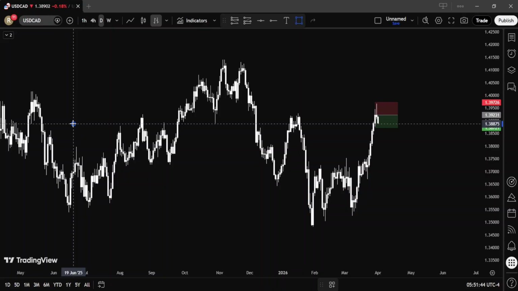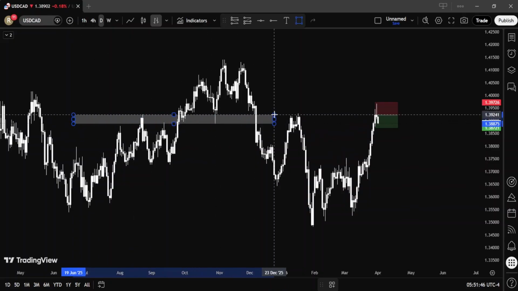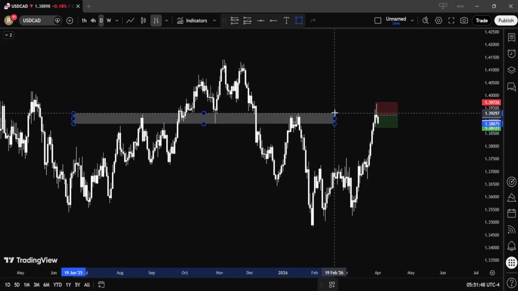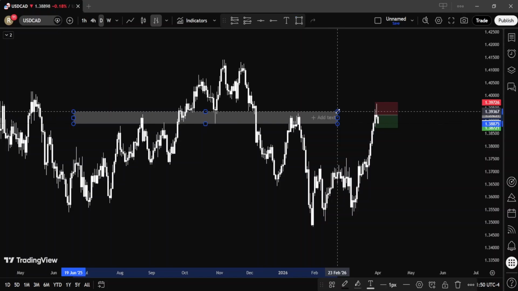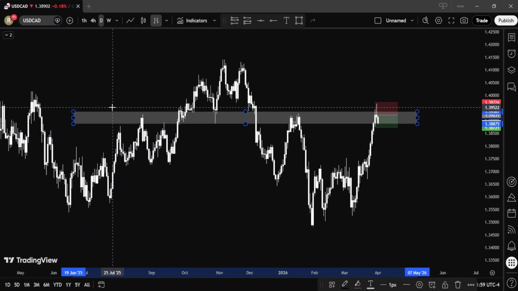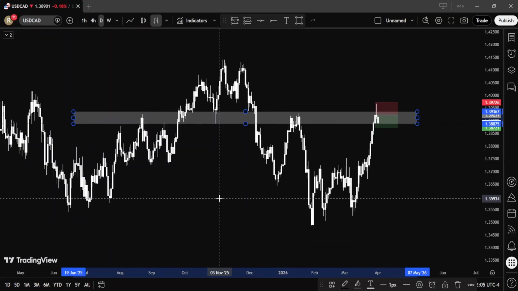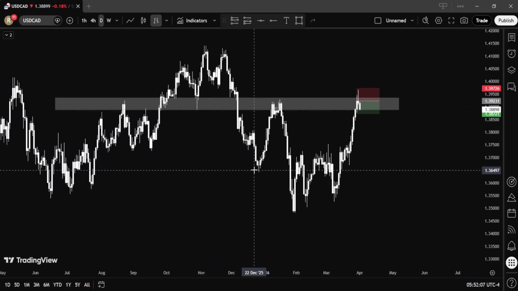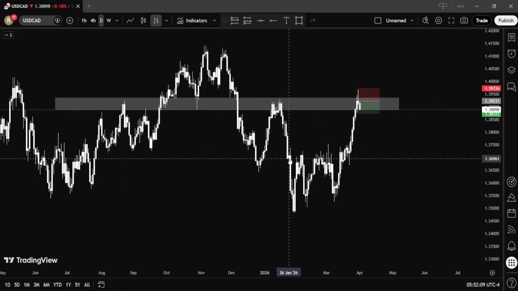So basically, if I were to just draw a box or a zone here, and this doesn't work like on the smaller time frames, like 15 minutes. It doesn't hold as strong as the daily zones, which hold stronger, especially when it has big reactions like this.